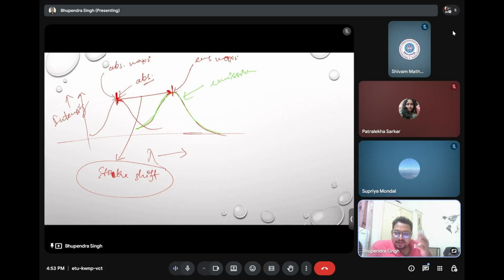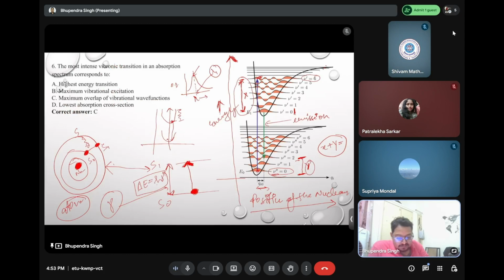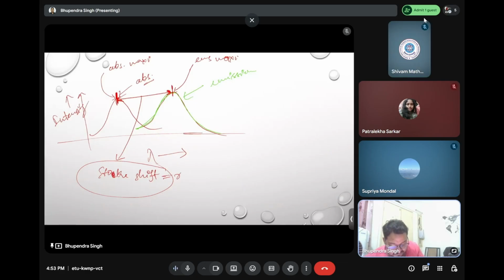So what will be the energy difference? This x from here to here and from here to here, x and y. So the total difference from the absorption maxima to the emission maxima will be this, right? So it should be the energy difference x plus y.